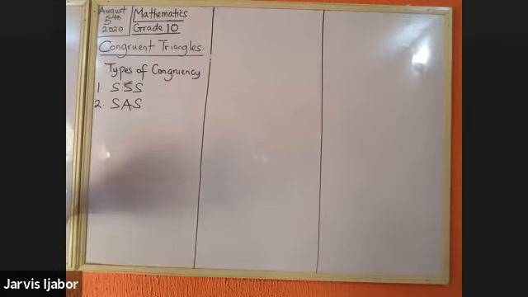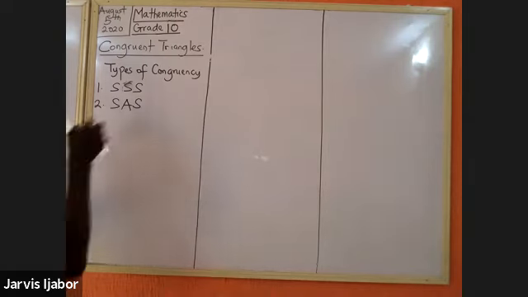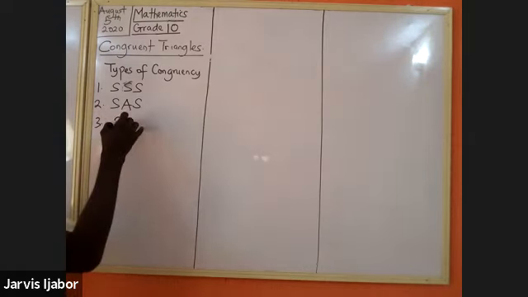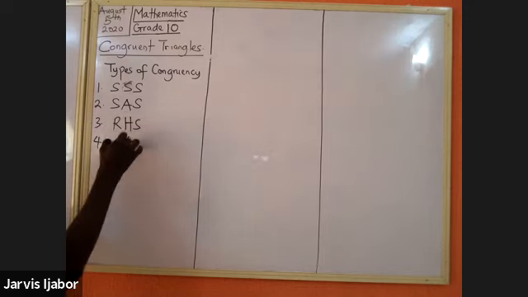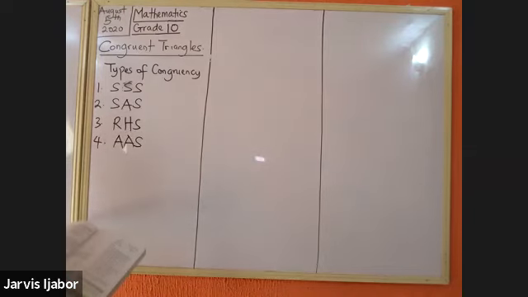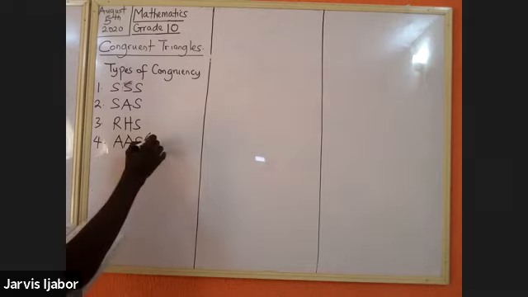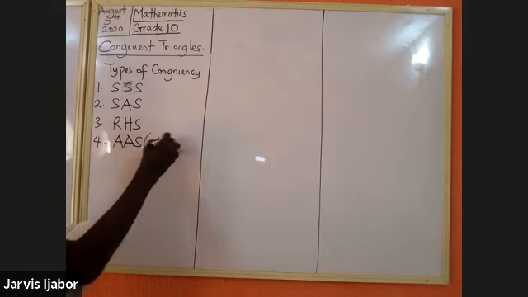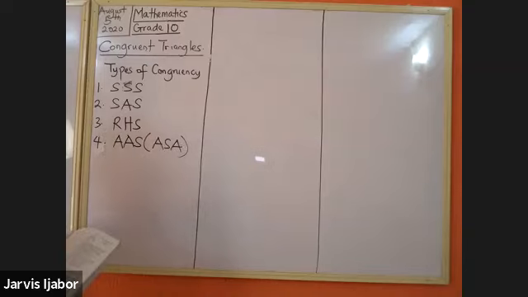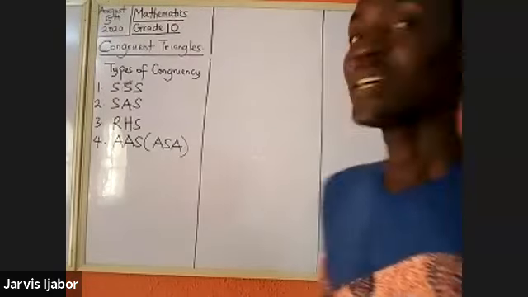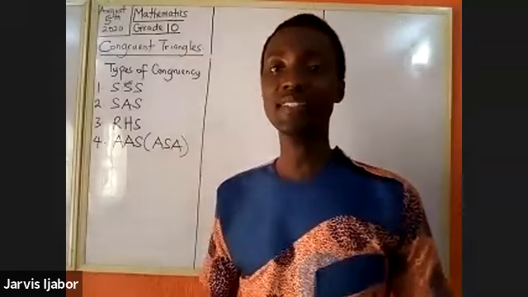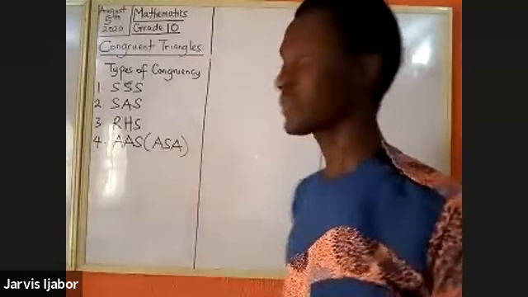We have the one we call right angle hypotenuse side. I also have the one we call angle side angle. Right, so those are the four types we have, and it's important that you're able to identify them in problems.